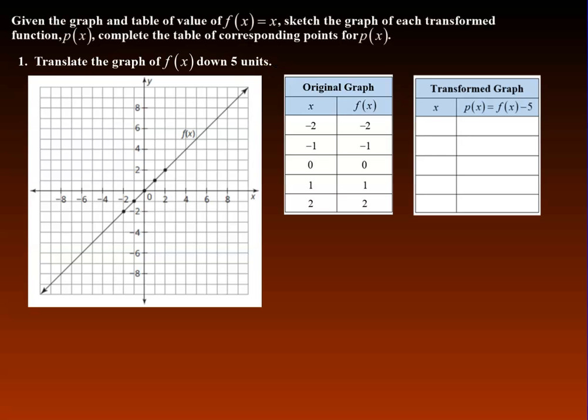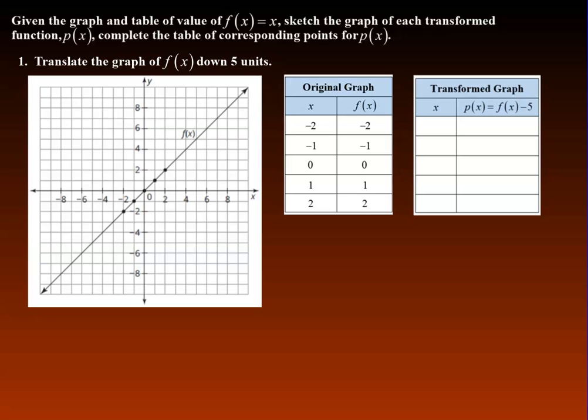Given the graph and table of values of f of x equals x, sketch the graph of each transformed function p of x. Complete the table of corresponding points for p of x. 1. Translate the graph of f of x down 5 units.